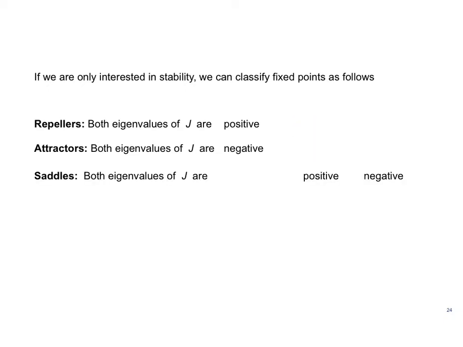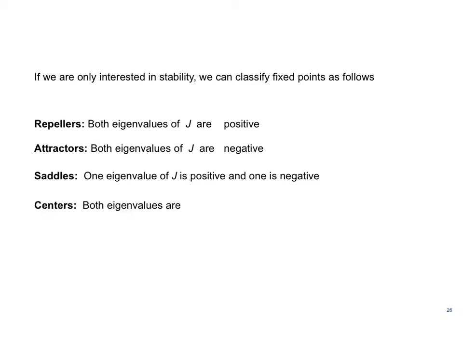And as in the previous example, we have saddles, where one eigenvalue is positive and one is negative. And the centers, as I already said, have two eigenvalues that are imaginary.